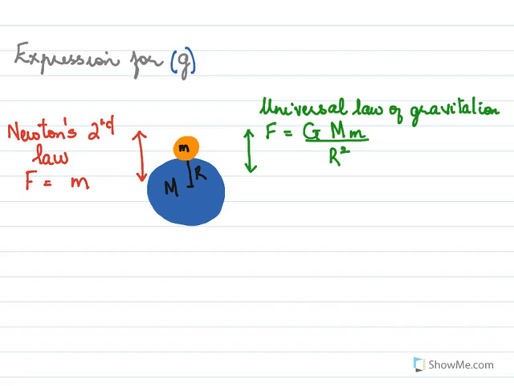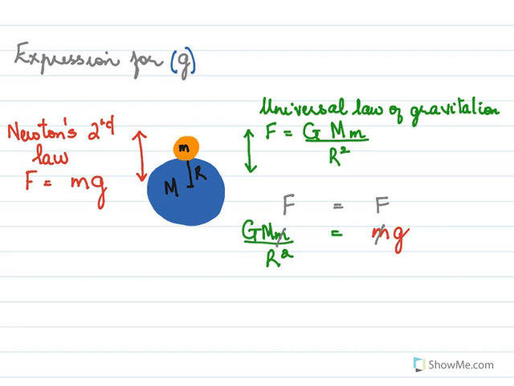But in this case, we are going to take the acceleration as acceleration due to gravity. Now these forces are same, so we equate them. We have F equal to F, which means we have this force between the two objects, which is equal to mg.